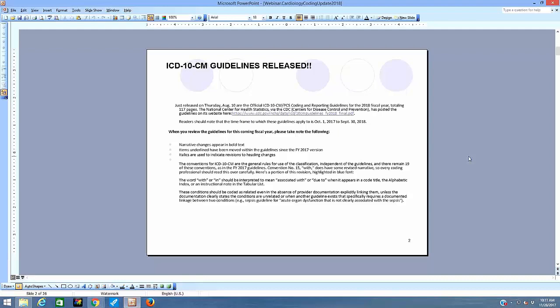These conditions should be coded as related even in the absence of provider documentation explicitly linking them, unless the documentation clearly states the conditions are unrelated, or when another guideline exists that specifically requires a documented linkage between two conditions. That may be something that has a causal effect or an indirect linking as well.